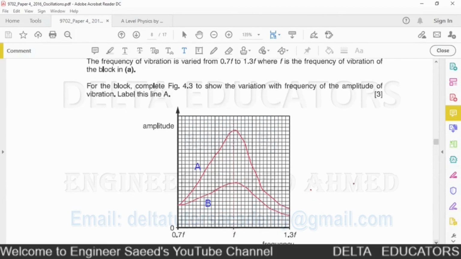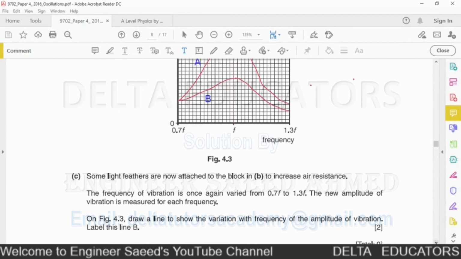Now move to next part. Some light feathers are now attached to the block B to increase air resistance. The frequency of vibration is once again varied from 0.7 F to 1.3 F. The new amplitude of vibration is measured for each frequency.